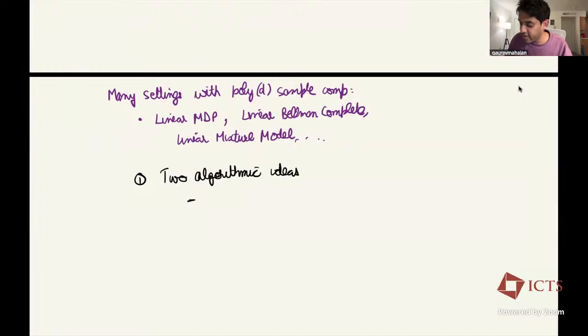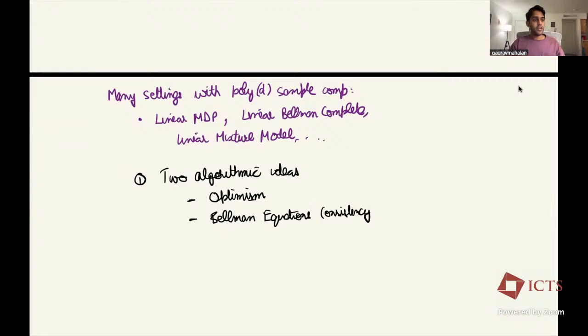One is optimism. The other is Bellman equations, which you use for, I guess I should say, consistency. And you can use these to prove sample efficiency in all these settings.